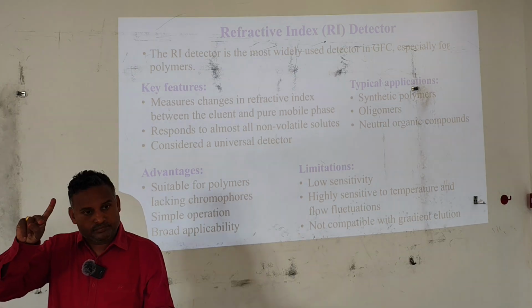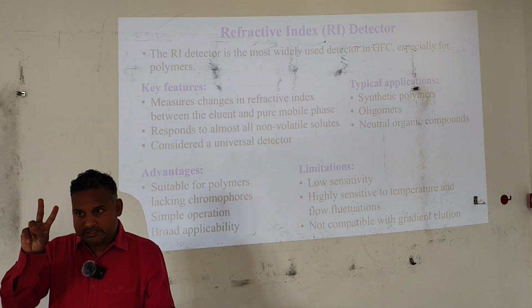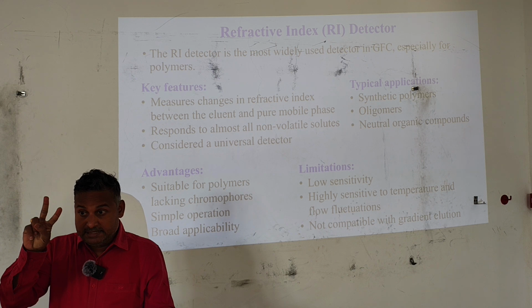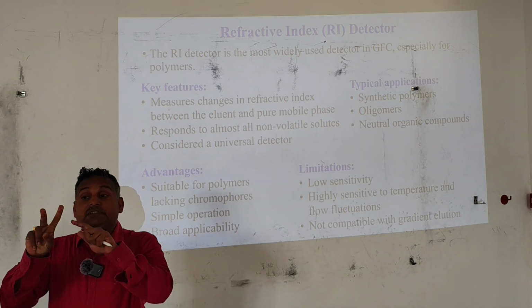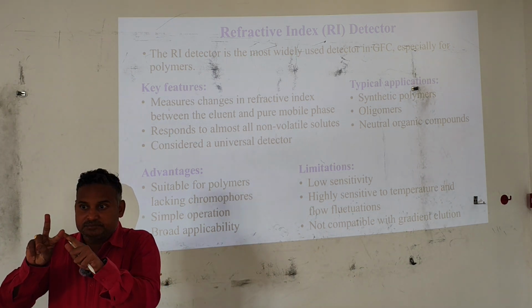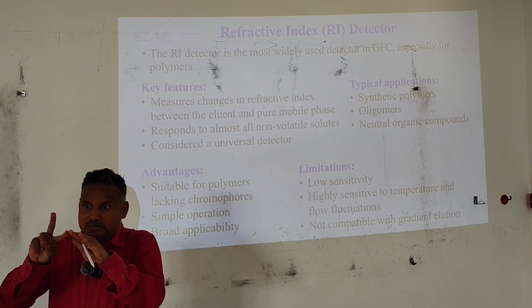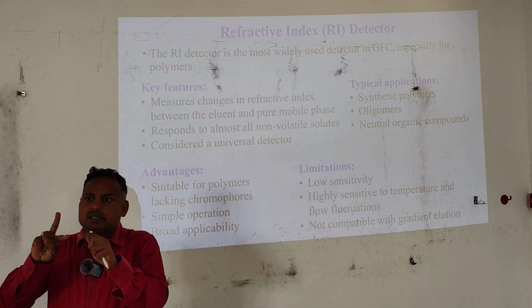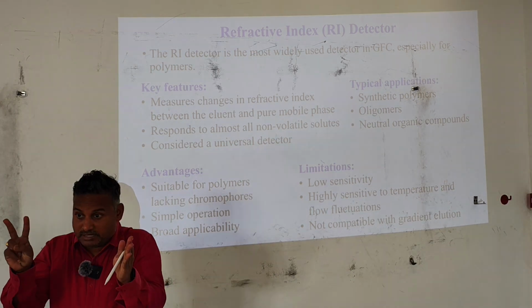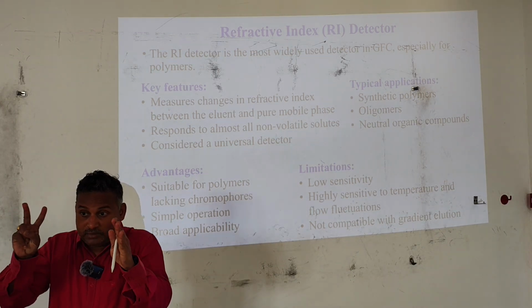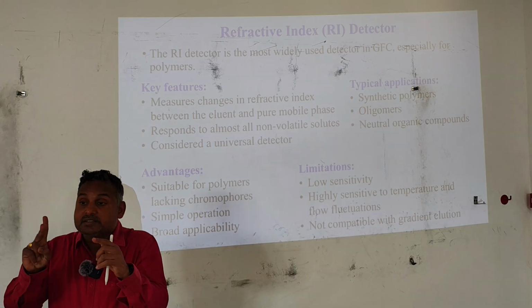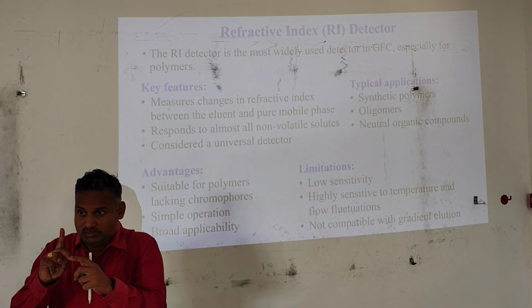Sensitivity and selectivity. I am talking about two things: sensitivity and selectivity. If there is no selectivity, that means low selectivity. Low selectivity means it has wide applicability. If the applicability is wide, sensitivity will be low.